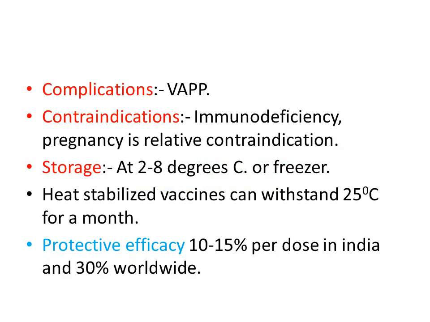The complications of oral polio vaccine: there are not many. The only complication is vaccine associated paralytic polio. 90% of this is caused by type 2 polio virus in the trivalent vaccine, so the trivalent vaccine is being replaced by the bivalent vaccine according to WHO guidelines.